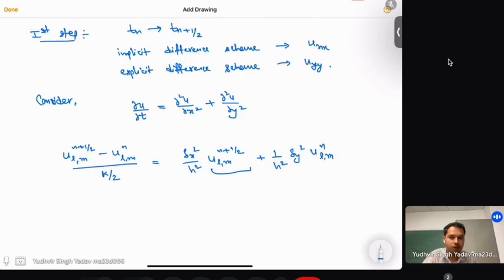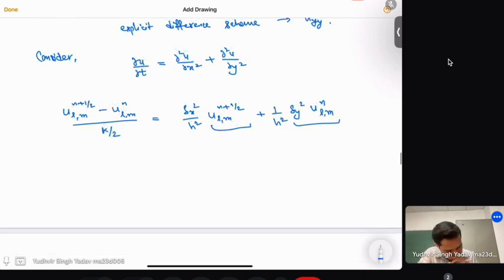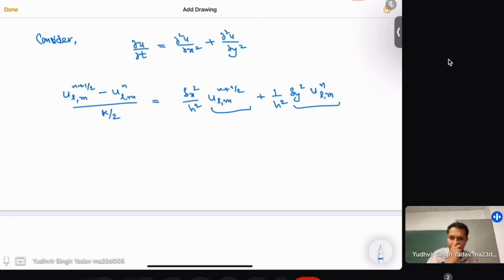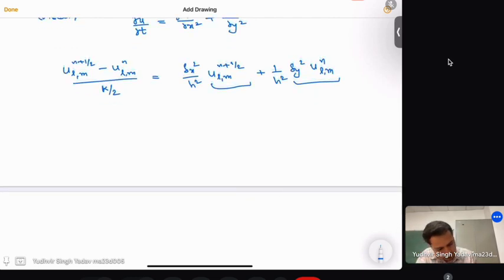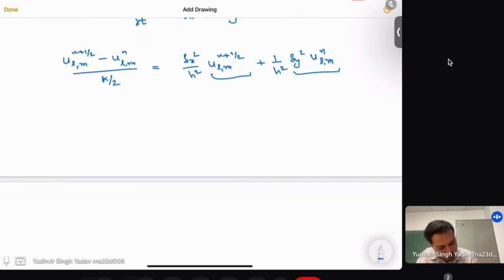As I mentioned, we use the implicit difference scheme for Uxx, at the time level at which we are finding the value, and for Uyy we use the explicit difference scheme, at the time step at which we already know the value. So in this ADI scheme we proceed in two steps: first n to n plus half, then n plus half to n plus 1. Here k and h are the step sizes in the time direction and in x and y respectively.